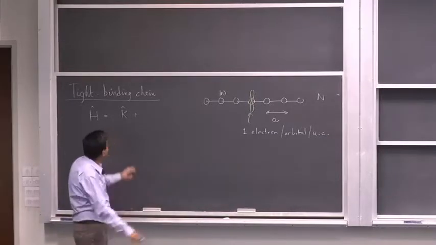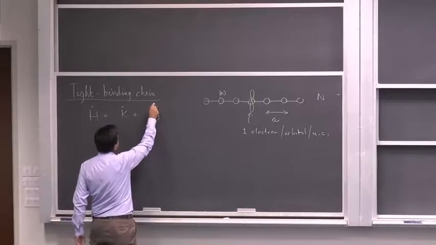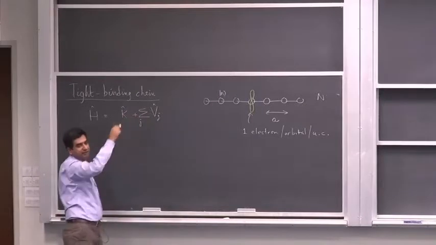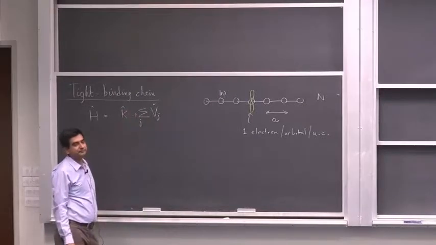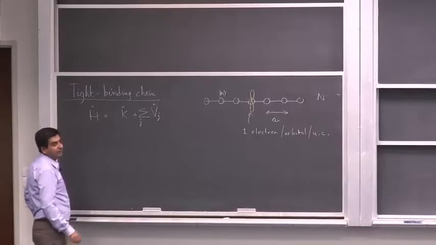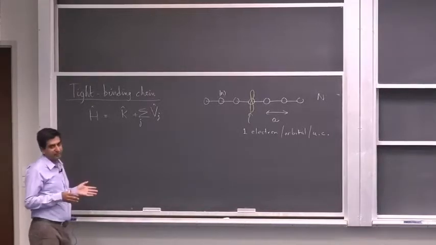Correct? So that term could be represented as V_j, where j extends over the chain.